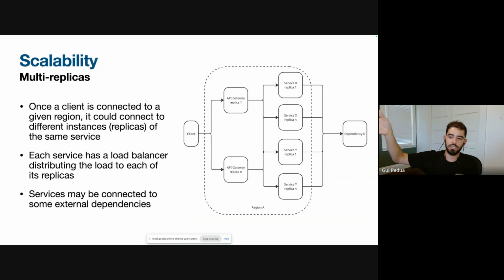They can be taken away, put back, and grow at any time. Then these services could be talking with a dependency that you may or may not control, and you have that in the picture as well. Again, there's some load balancing here, and there might be some retry logic for those calls coming in.